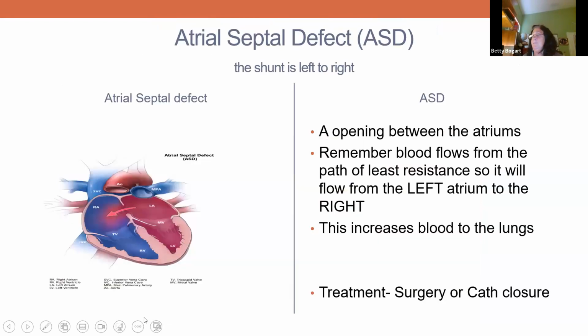So atrial septal defect. Well, an ASD, other name, is there's a septum or a wall between the right atrium and the left atrium, and there's a hole. And what happens is blood goes, as I said, it's usually from the left side to the right. Just think about blood, a drop of blood.